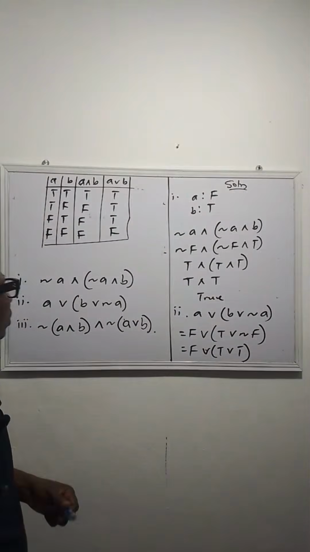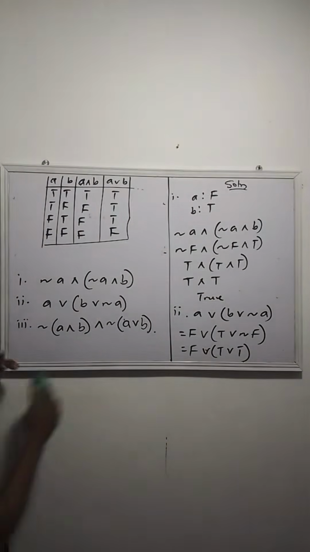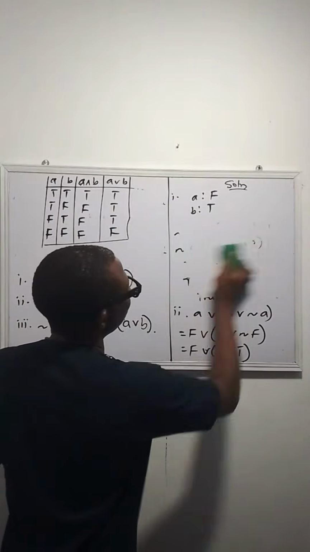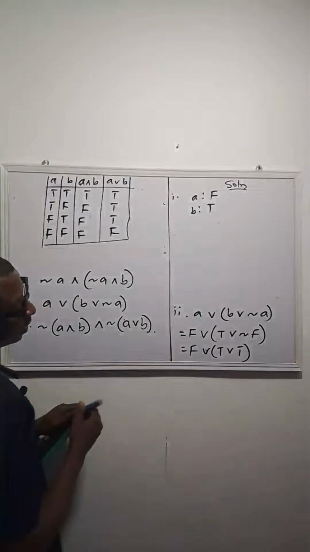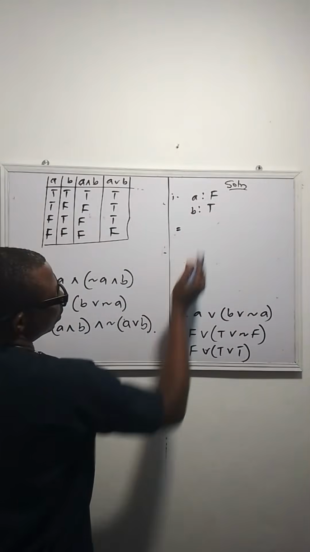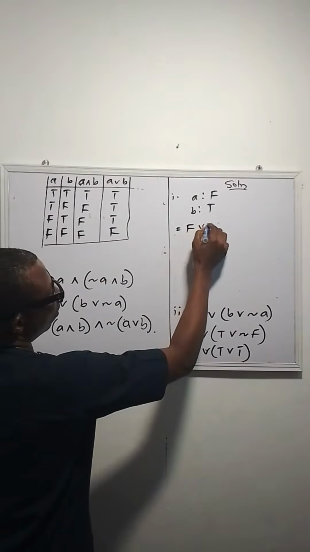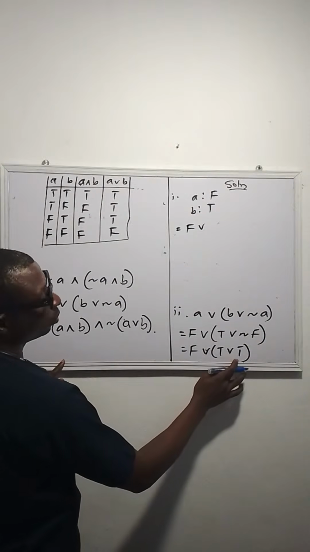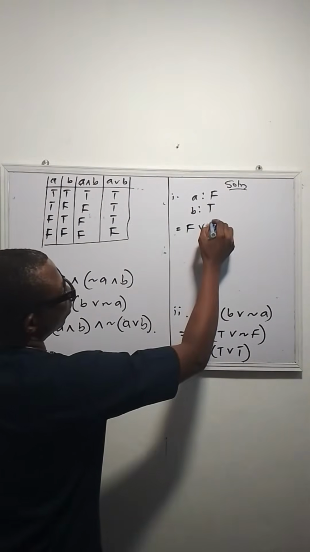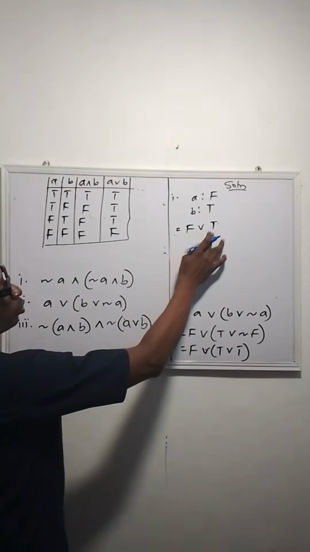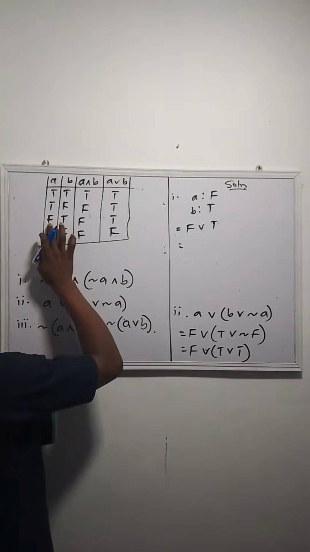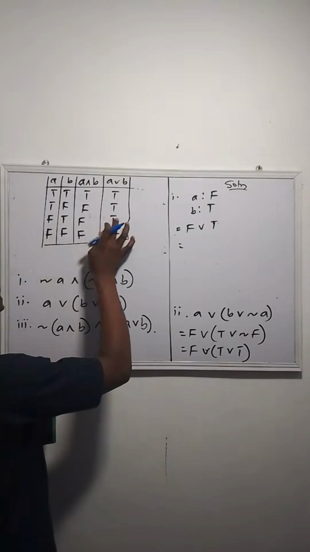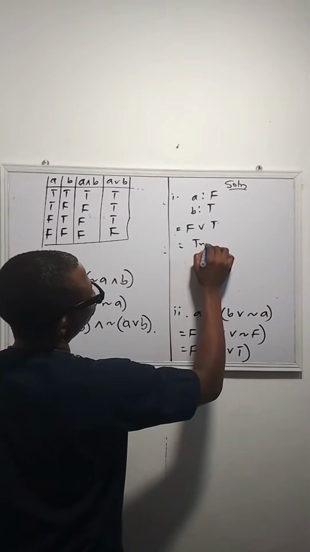Okay, so now what do we have? And what do we have after this? We have false or, now true or true is true. We have true. And false or true. False or true is true. You can see false or true is true. So we have true. So true is the answer for the second one.